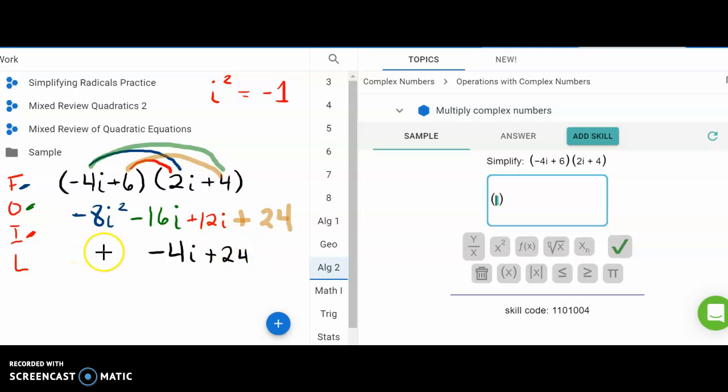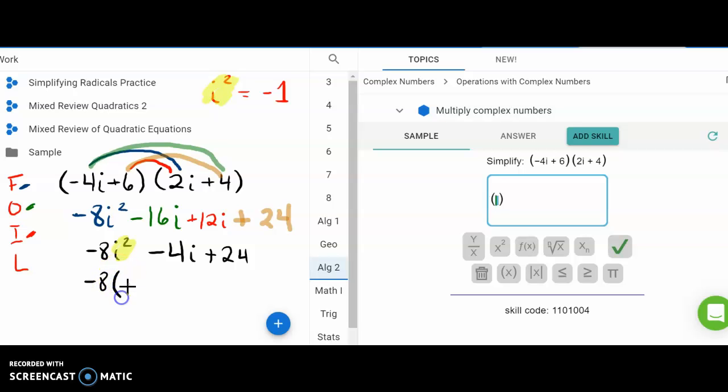And let's also bring down this -8i squared. Now, just like what I said before, we have an i squared. So remember, whenever you have an i squared, that's the same as saying -1.